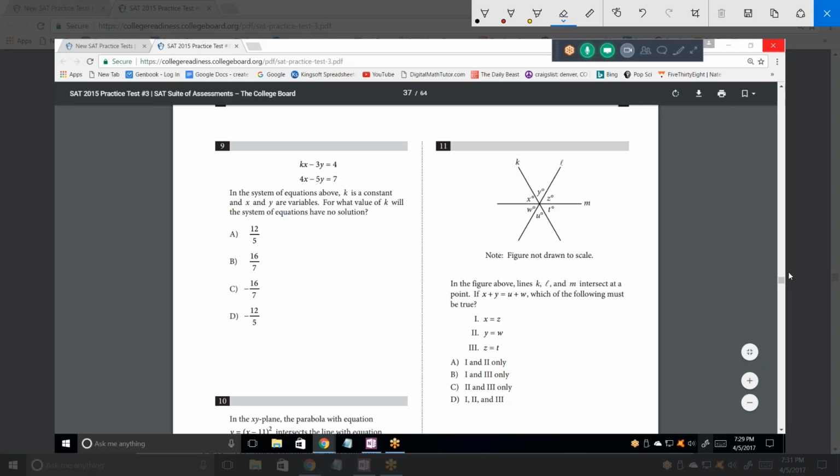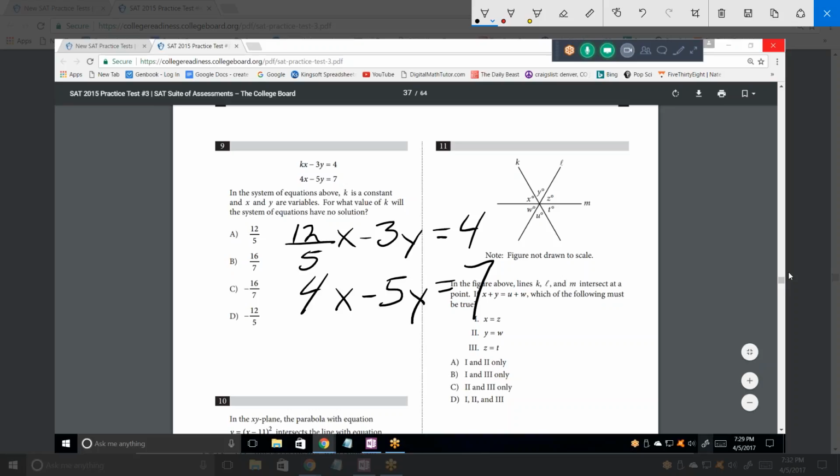Well, what I have to do is use a k of 12/5 and see if I get no solution. So let's try that one. Hold on. This may be the hard way to go, but sometimes it's the only way to go. 12/5 x minus 3y equals 4, and 4x minus 5y equals 7.